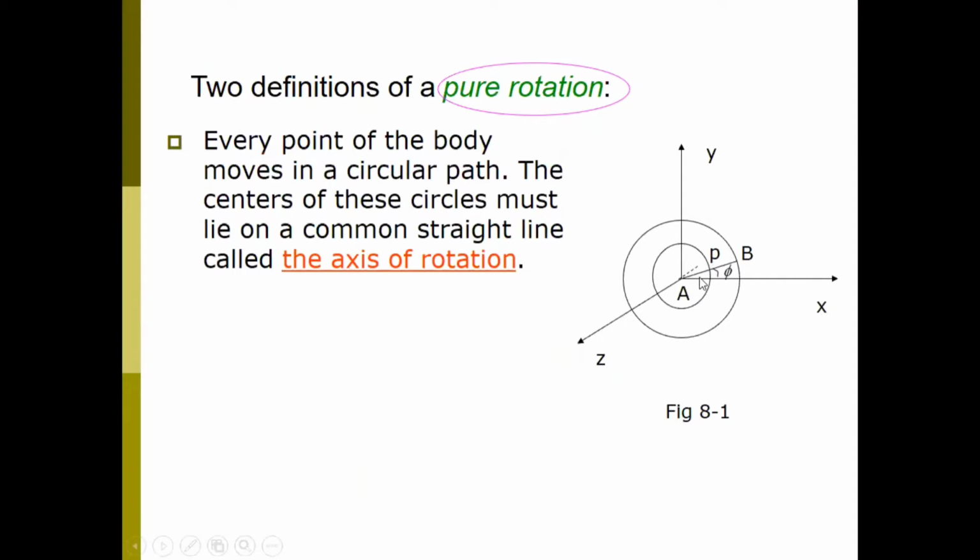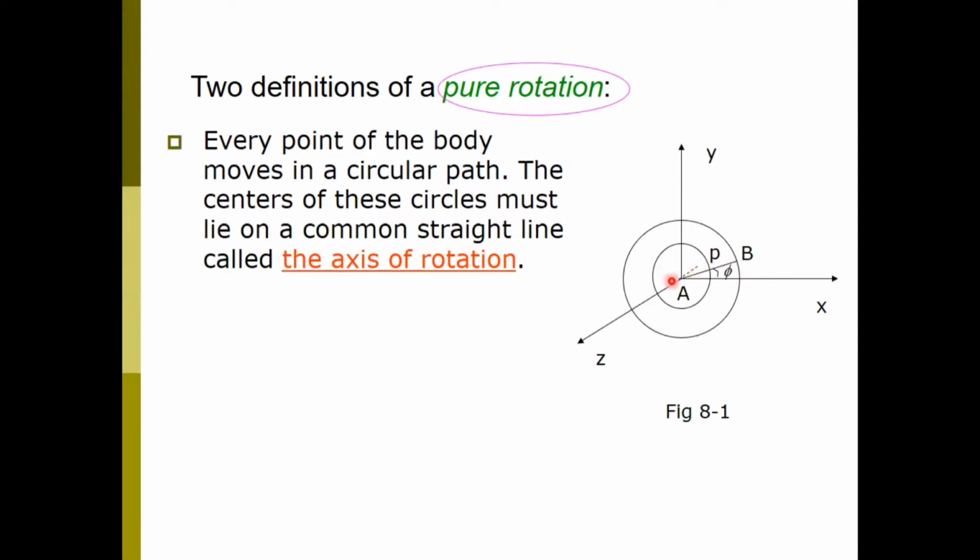Tama naman. The center of this circle, so this is the center. Dalawa. So the center of this circle must lie on a common straight line, which is called the axis of rotation.